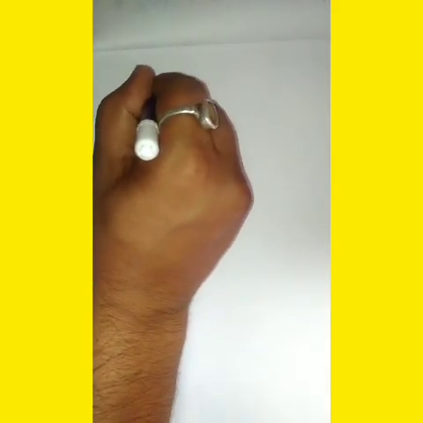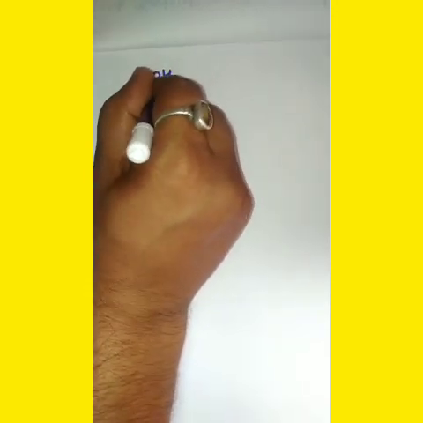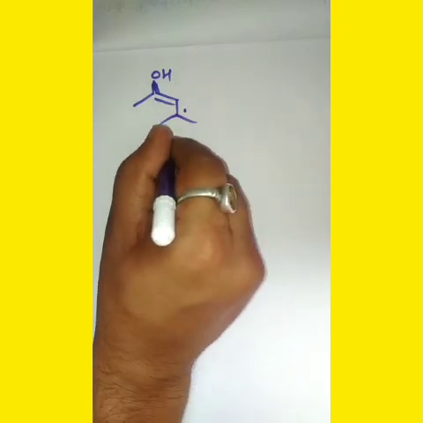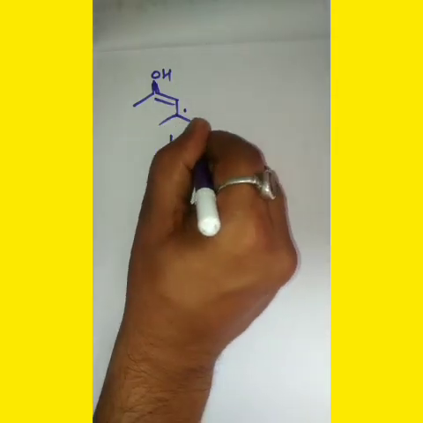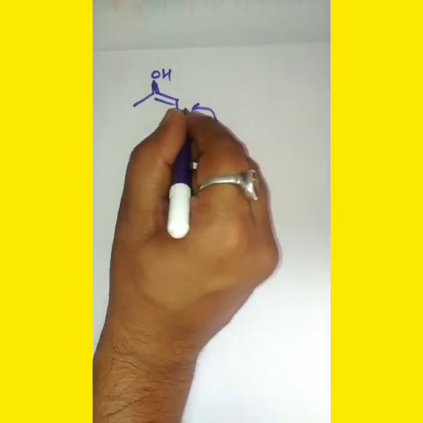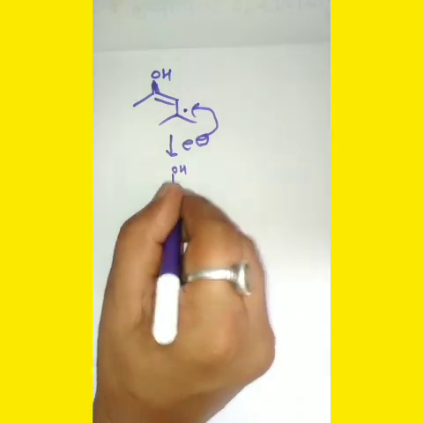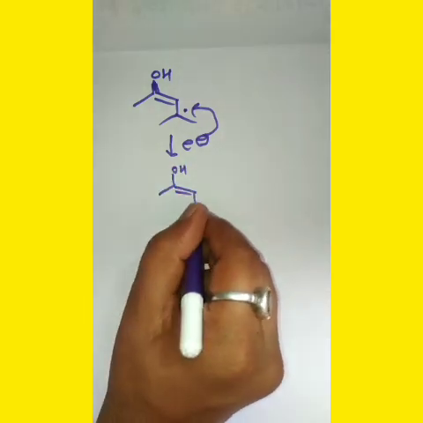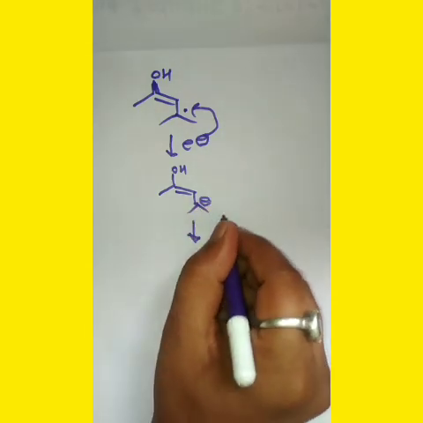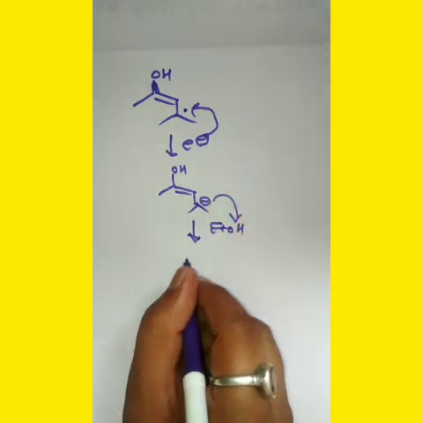Okay, we are here. Then a second electron adds to this position, we get the anion. This anion abstracts a proton from the solvent.